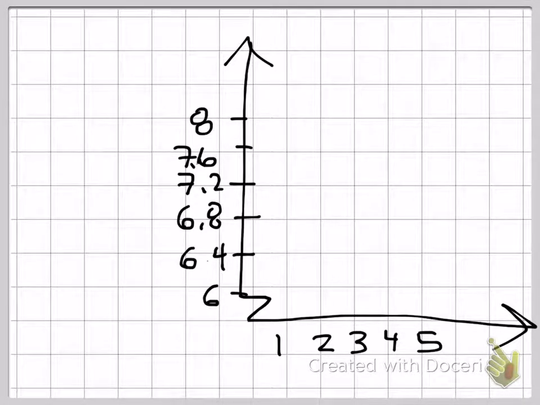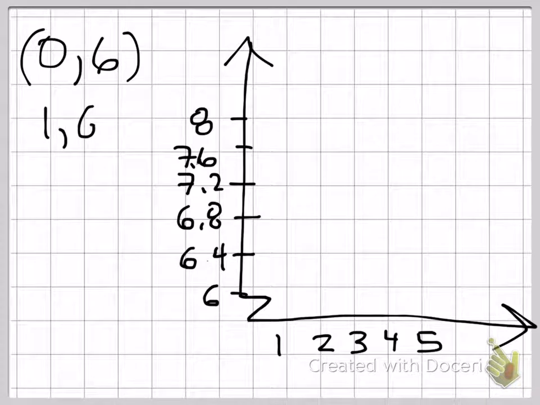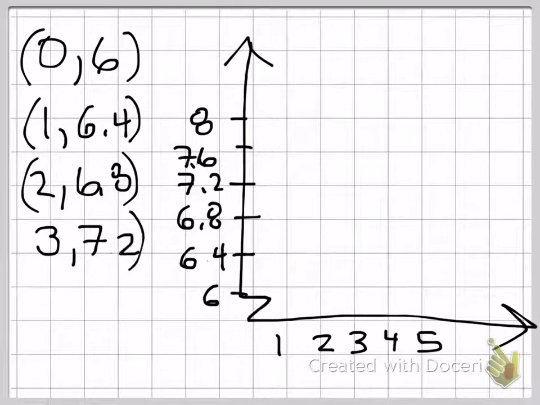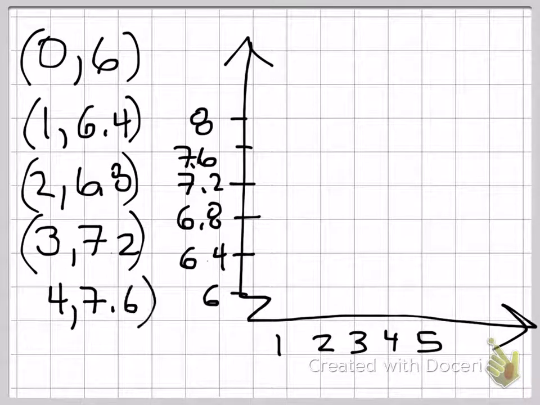And then we're just going to graph the ordered pairs. So we had (0, 6), (1, 6.4), (2, 6.8), (3, 7.2), and (4, 7.6).